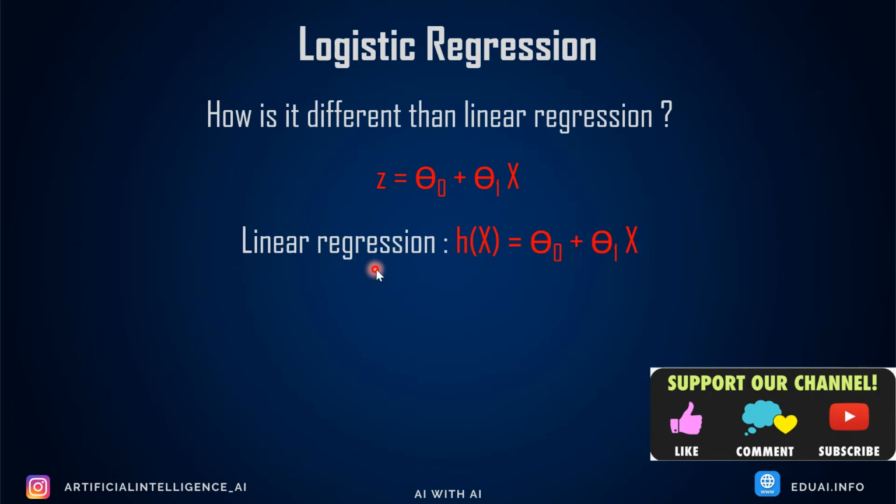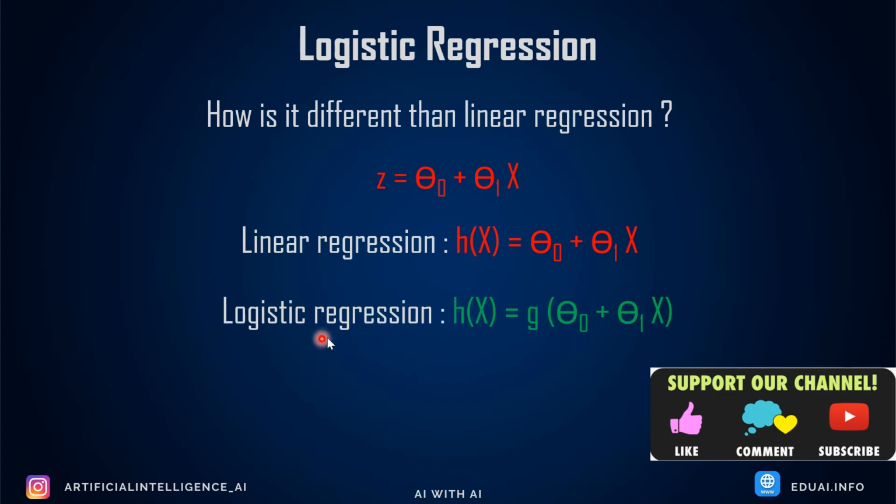So in case of linear regression, equation is h of x is equal to theta 0 plus theta 1x. And in case of logistic regression, the equation remains same, but we just put it in the sigmoid function and we are representing it with g. So the equation becomes h of x is equal to g of theta 0 plus theta 1x. So same equation, but we are just putting it inside sigmoid function.